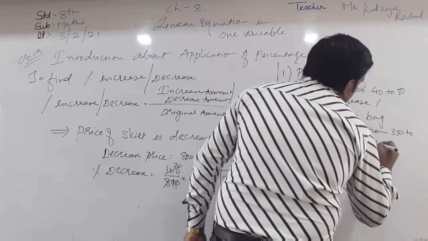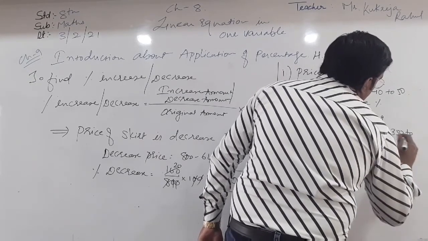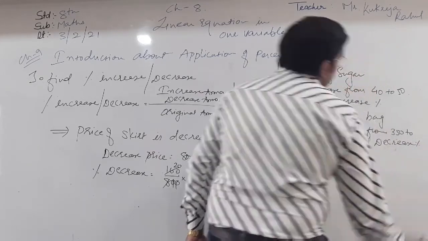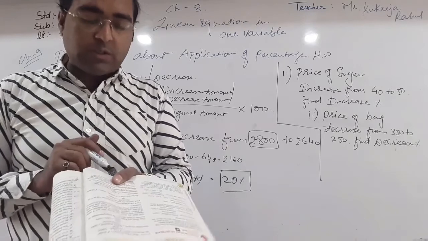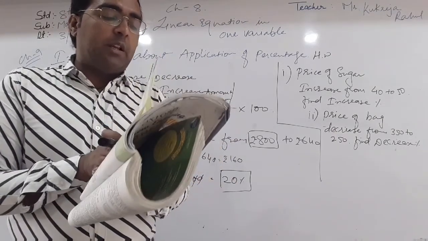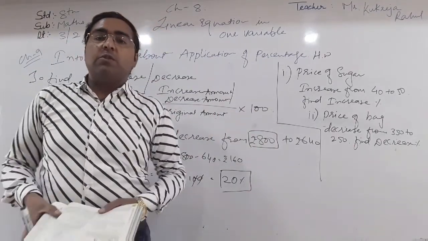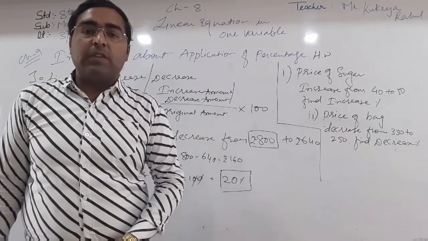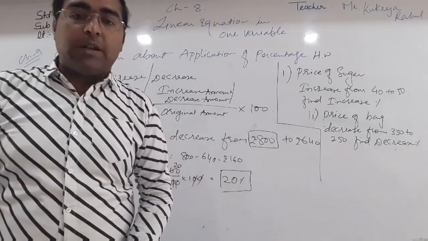Find decrease percent. Clear? You have to do these two sums, and from exercise 8D, question number 3 and 4. So these 4 sums you must solve in the homework. Clear that? So till then, goodbye and stay blessed.